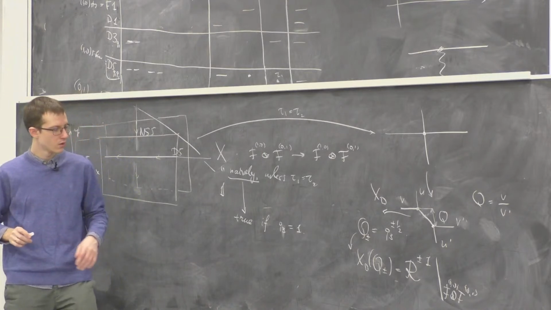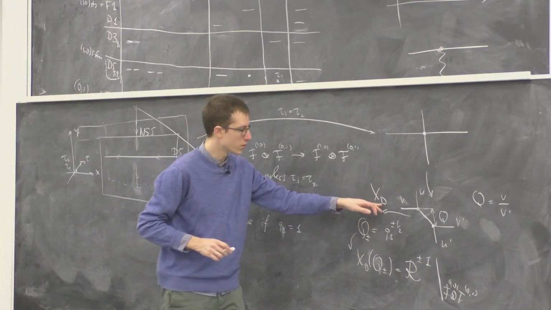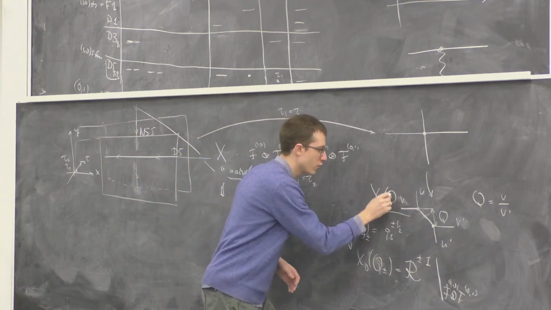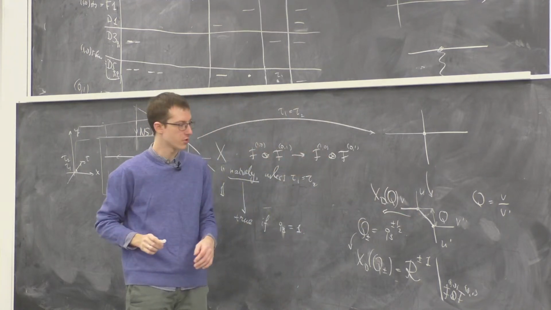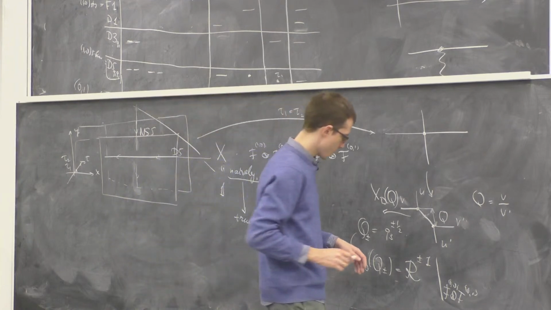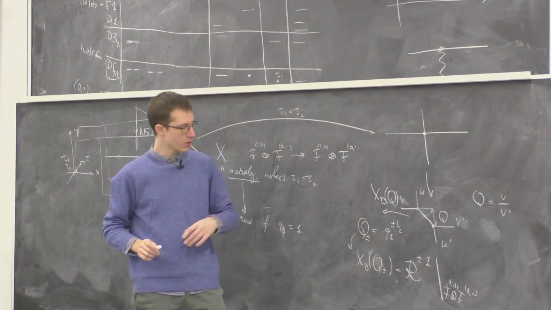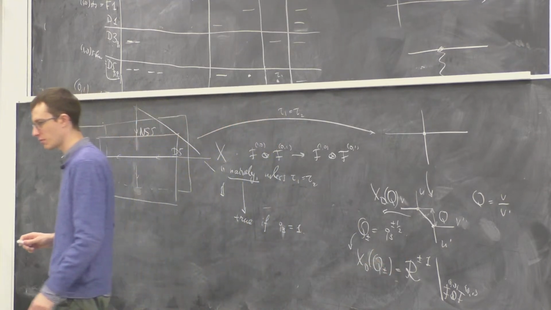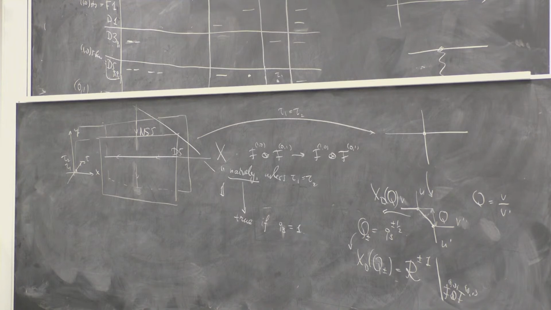This deformed XD of Q will depend on the deformation parameter Q. Well, there will be two special values of Q for which it satisfies the Yang-Baxter equation, for which it is really the R-matrix. I don't know, what is the definition of XD of Q?